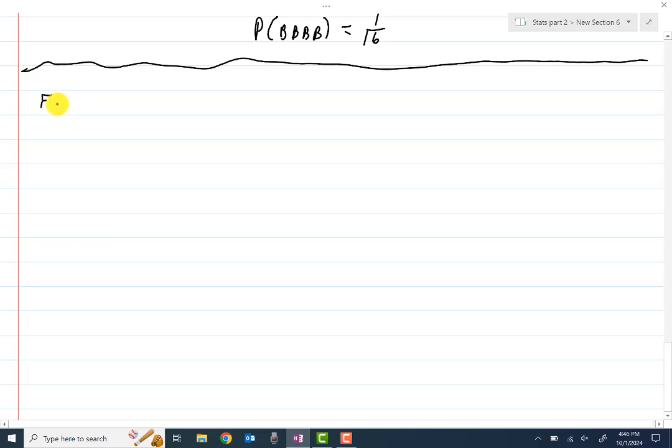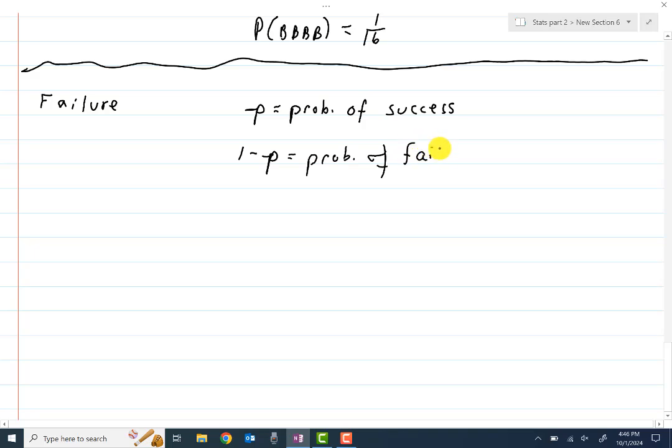Part and parcel with success is failure. So if the probability of success is P, then the probability of failure is 1 minus P. Now, whatever is considered successful doesn't necessarily have to be beneficial.